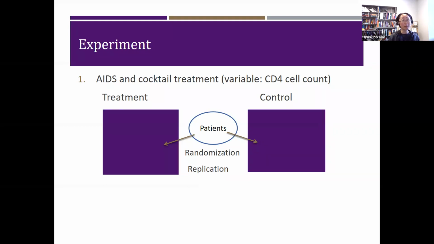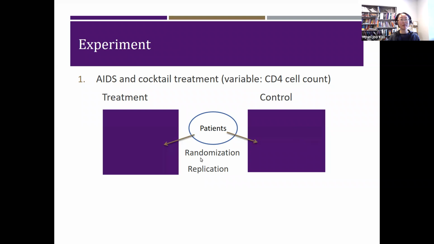In an experiment, you will have a treatment group and a control group. For the treatment group, we're going to give the cocktail treatment, and for the control group maybe a sugar pill or some existing drug or something like that. There are a whole bunch of patients who have AIDS, and you randomly assign a portion of patients to the treatment group and the rest of them to the control.